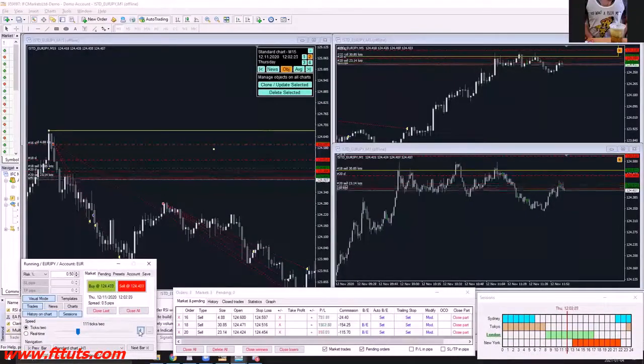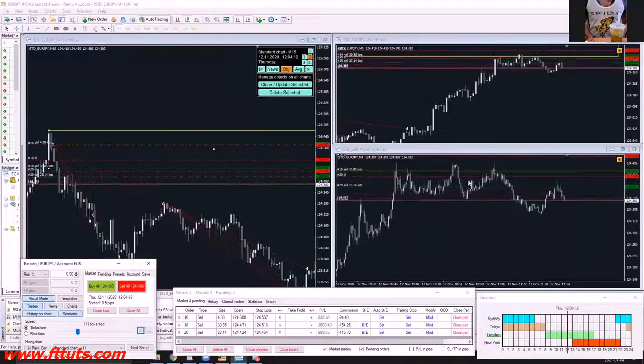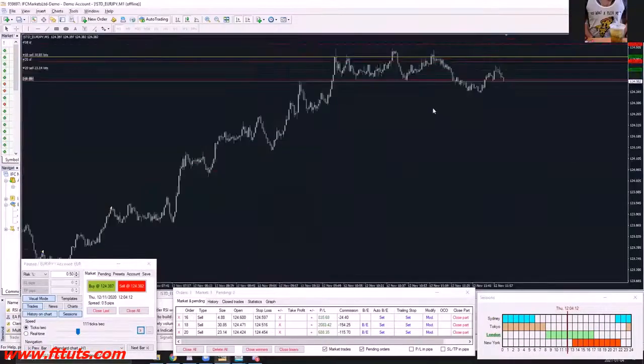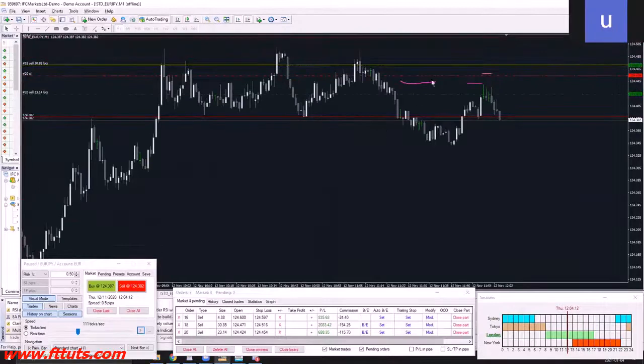So this is my scale in short. Why I shorted this was because we had this POS here. We had liquidity being formed on the pullback. It's a little bit aggressive, but zoom into it a little bit so we can see it better.